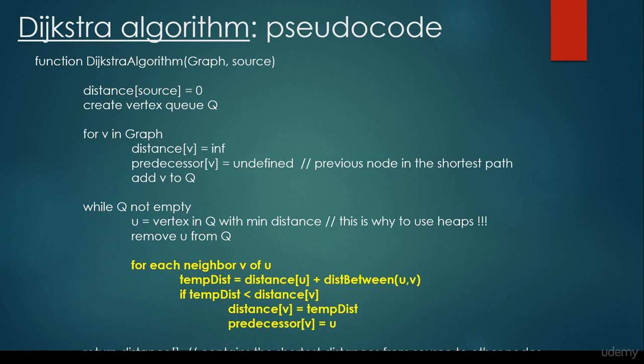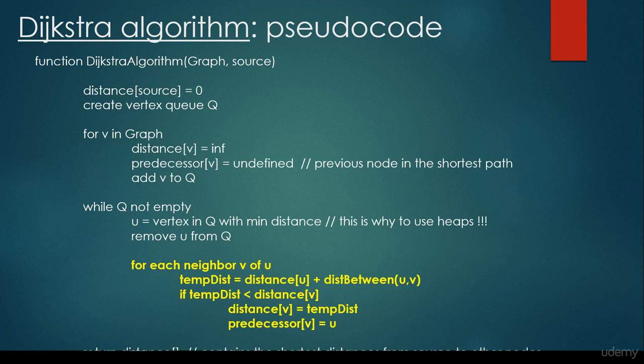Then, for each neighbor of u, the temporary distance is equal to the distance to u plus the distance between u and v. And if the temp distance is smaller than the distance v, then we reset the distance v to be equal to the temp distance, and the predecessor is updated. So basically with this for loop, we check whether there is any shorter path to the given vertex.